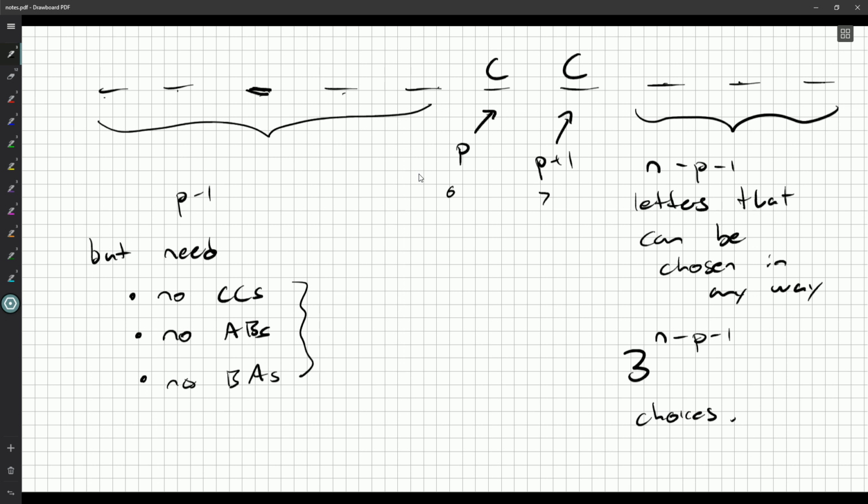So I need them not to contain CCs, not to contain ABs, and not to contain BAs. However, we're also going to have to make sure that whatever we do does not end up ending with a C, because then I'd have an earlier occurrence of CC. So we've got to be careful. So I can't have a C there. Now it could end in an A or a B, doesn't really matter which.